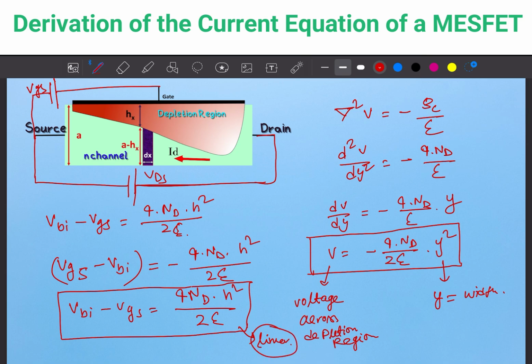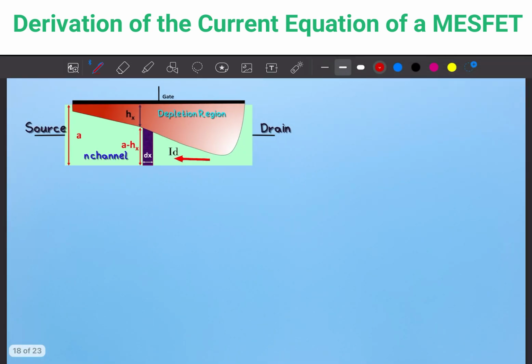But here we are calculating in the saturation region. So that means the voltage at this point is Vbi minus VGS plus VDS, and at this point it is Vbi minus VGS, where VDS is equal to 0.